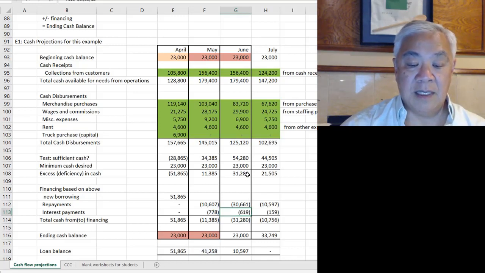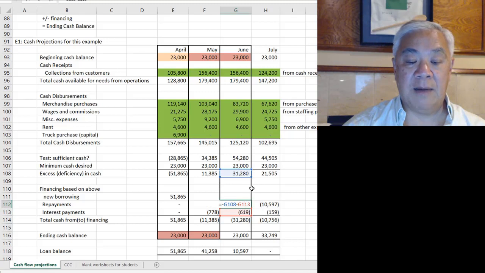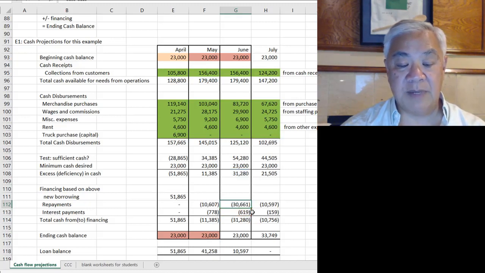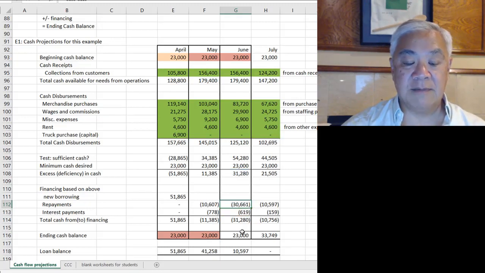So of the excess, we're going to use 600 of it to pay the interest, which means the difference between 31 and our interest is how much we could use to once again pay down our debt. So we get to pay down another 30,000, and we end up with 23 again.